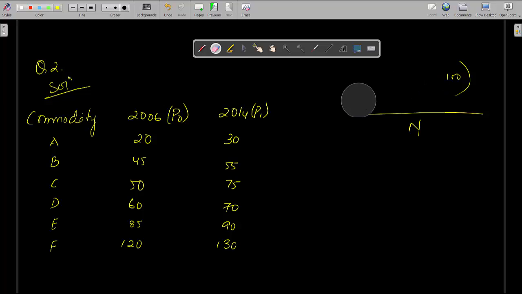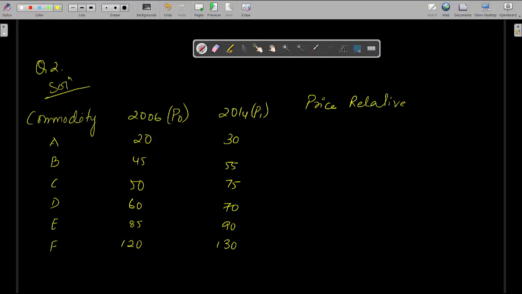Now, since we are asked to calculate the price relative index, we need another column for that. So just write price relative. Since we have to take the sigma, that is the sum of all the price relatives, once we calculate everything, we can just take the sum of it.